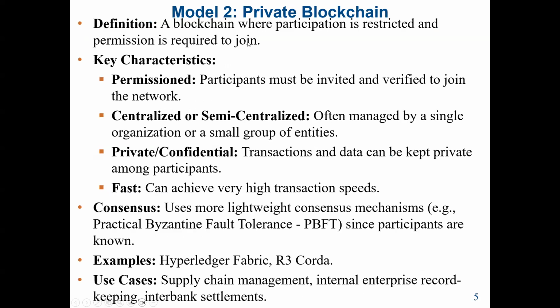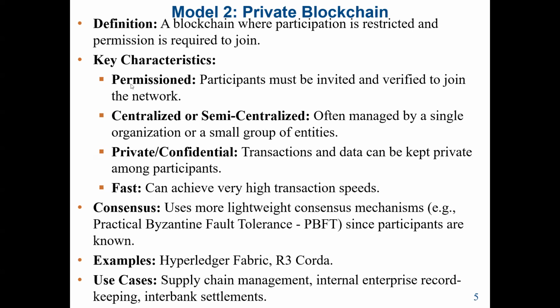So let's move to the second model, which is the private blockchain. A private blockchain is a permissioned ledger where access and participation are restricted. It is often controlled by a single organization.